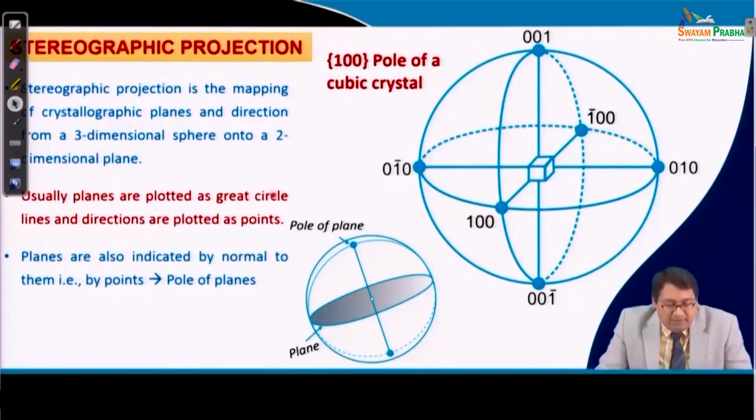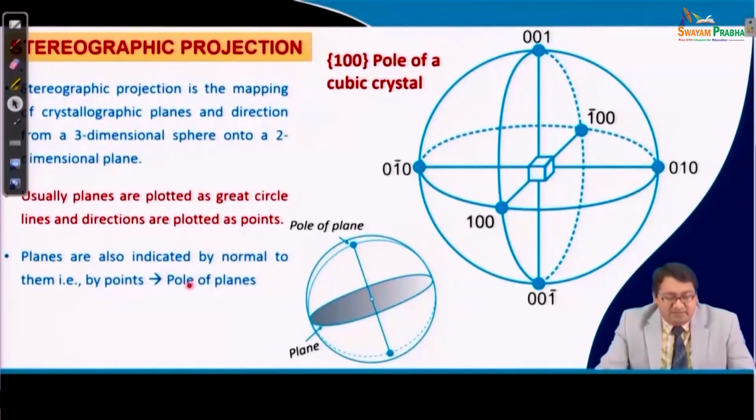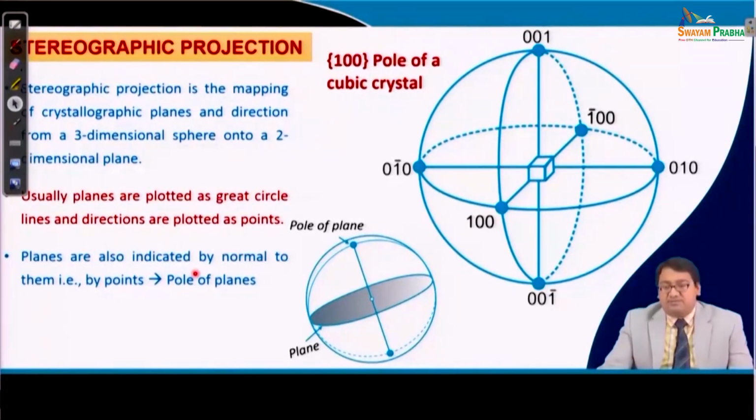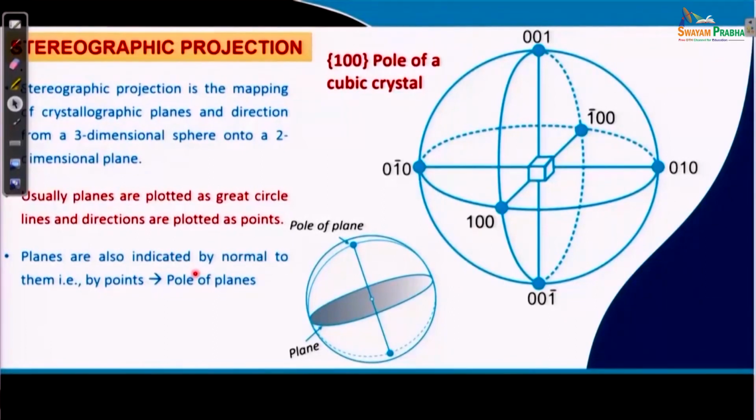So, planes are also sometimes indicated by the normal to them, that is they are also represented by perpendicular direction which are perpendicular to them, right. So, sometimes they are also represented by points or poles, and they are called poles of the plane, right.